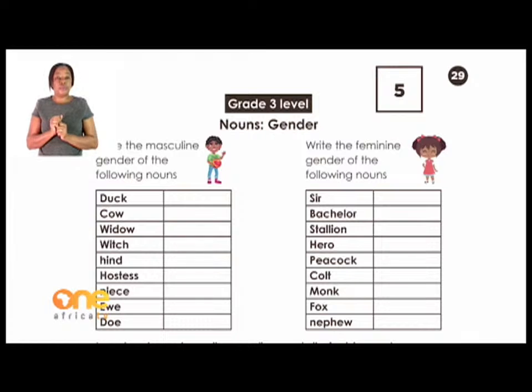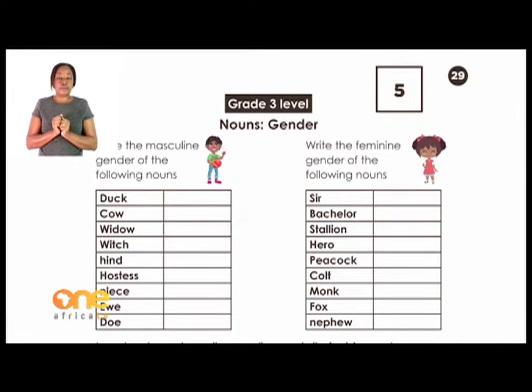The female side is given on the first one, and the male side is empty. Fill the boy side. And on the second block, the male side, which is the boy side, is the one which is given. And the female side, which is the girl side, is missing. You have to fill it in.